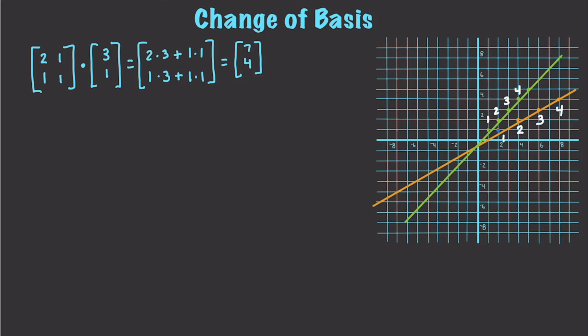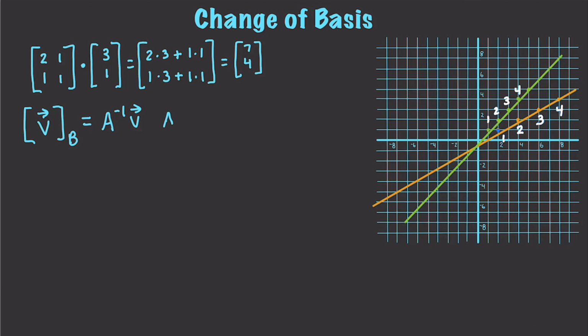And also we can find our vector v in the new basis by multiplying the inverse of the change of basis matrix by the vector in the standard basis. So what that means, here's our vector in our new basis. This is going to be equal to the inverse of our change of basis matrix times our standard vector.